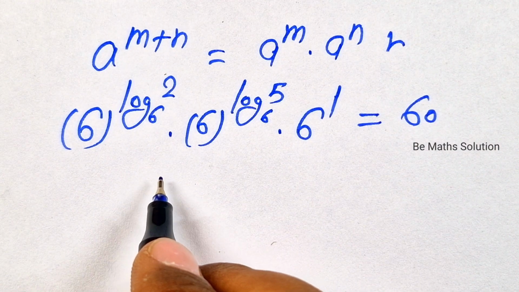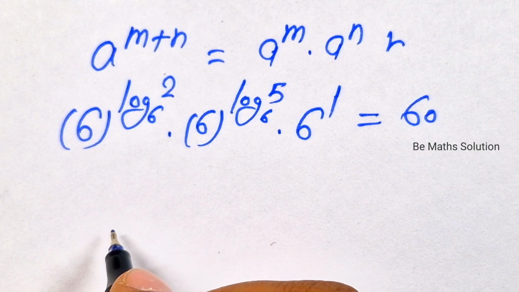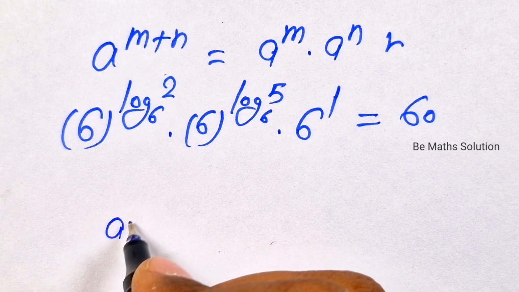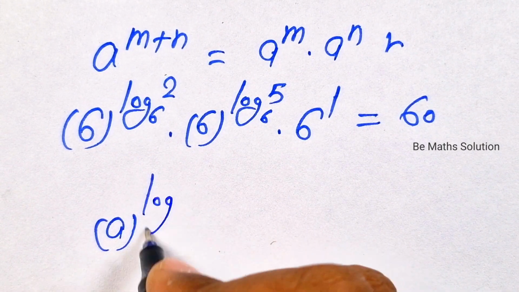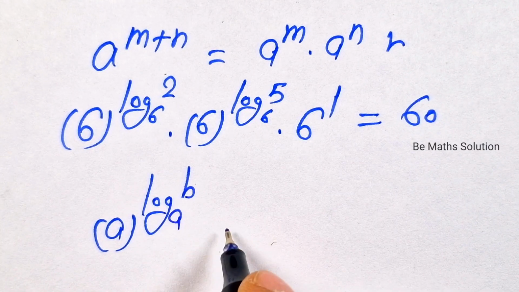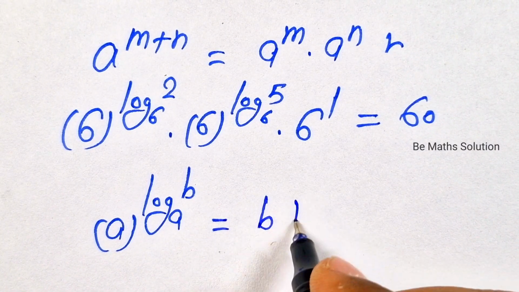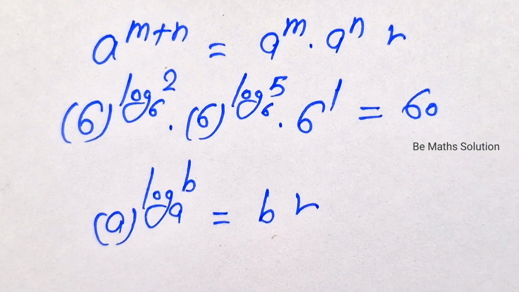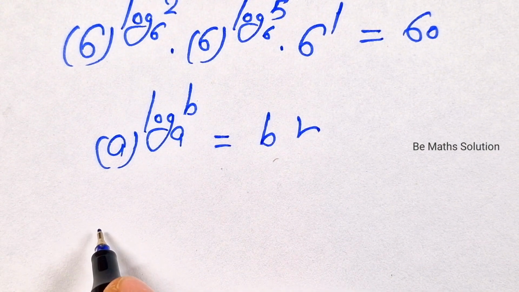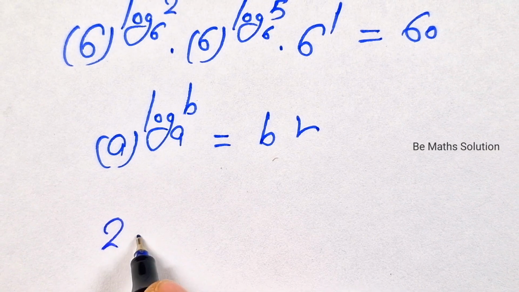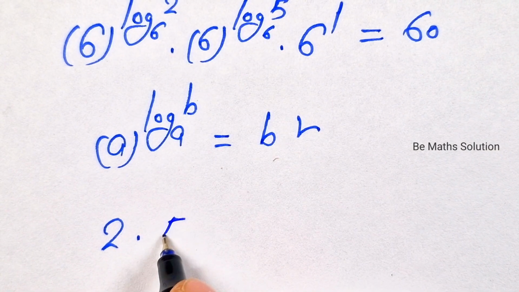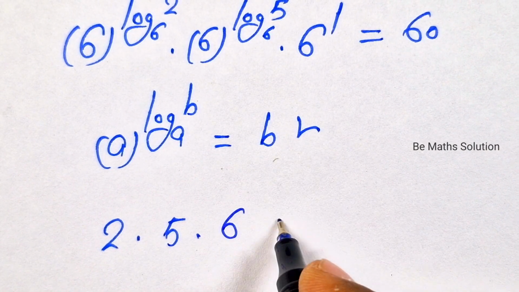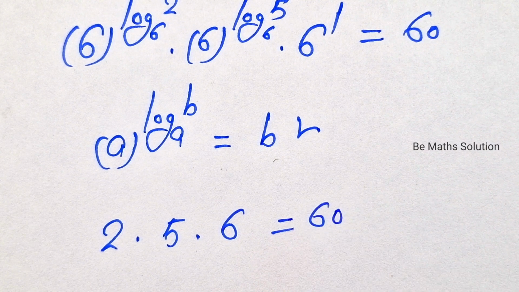Then in the next step, as we know, a raised to power log of b base a is equal to b. So we will apply this rule here. So it will be 2 into 5 into 6 is equal to 60.